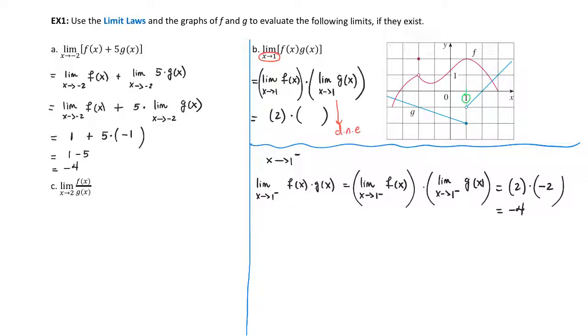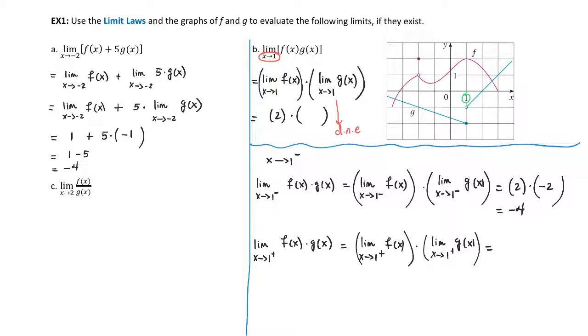Now, on to the next limit. The limit as x approaches 1 from the right of f of x times g of x. In this case, again, this will be equal to the limit as x approaches 1 from the right of f of x times the limit as x approaches 1 from the right of g of x.